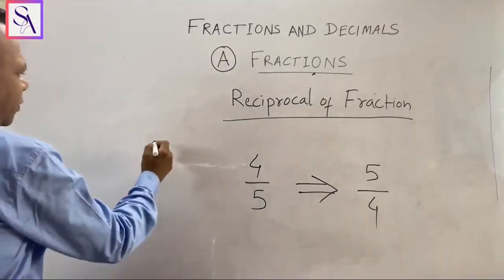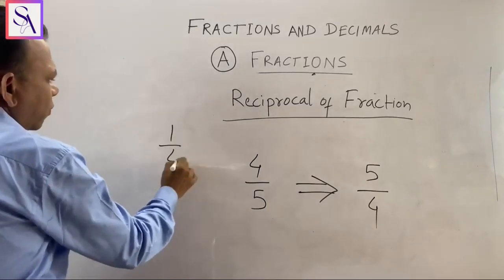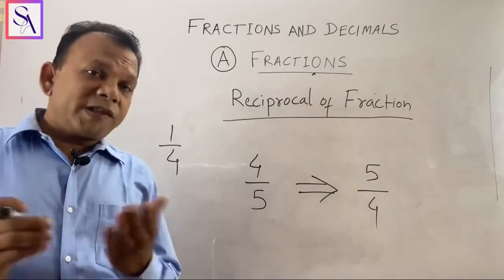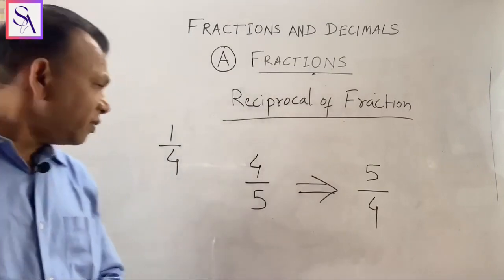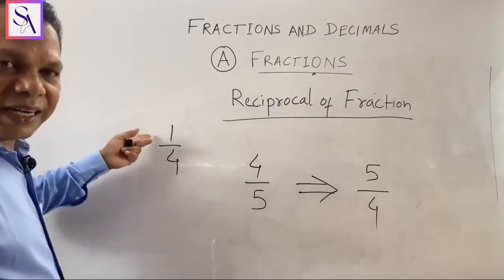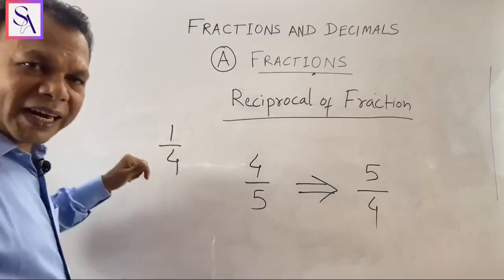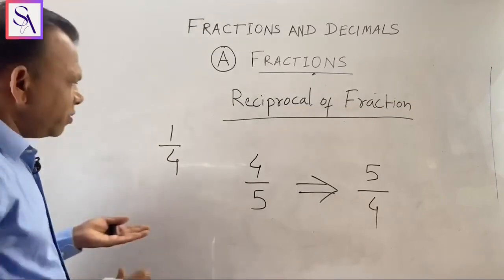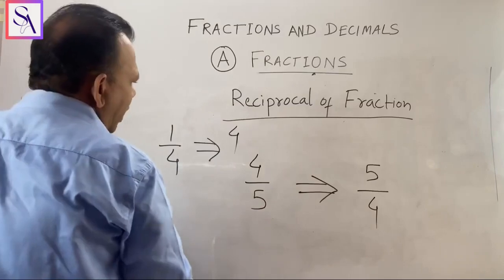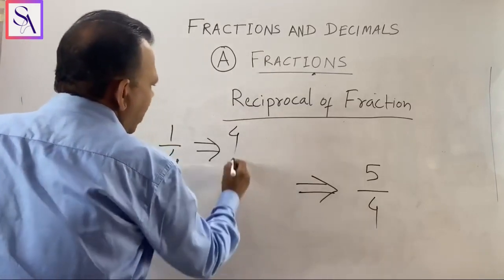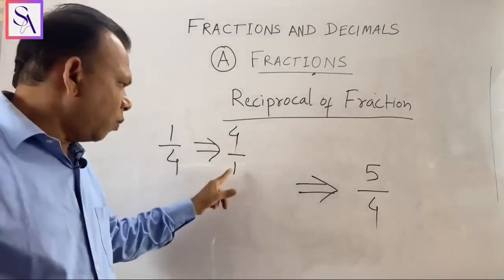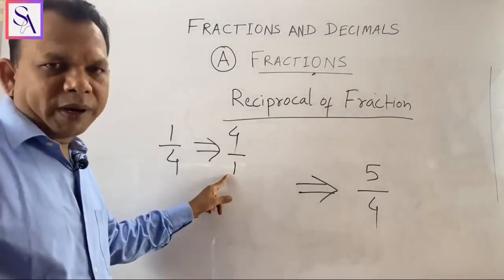One trick is there. Suppose 1 by 4 is a fraction. Can you tell what is the reciprocal of this fraction? The rule is the same. You have to invert it. The numerator and denominator will change their position. So 4 will go up and 1 will come down. 4 will become the numerator, 1 will become the denominator.